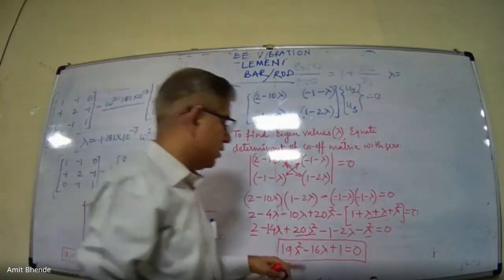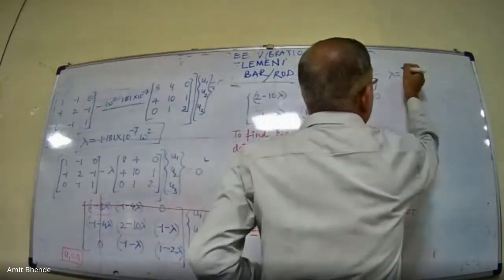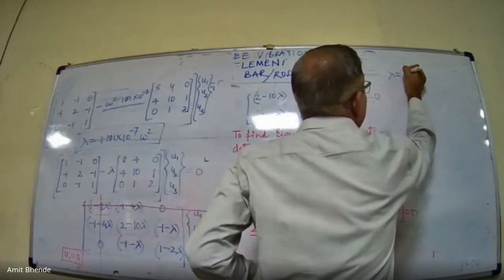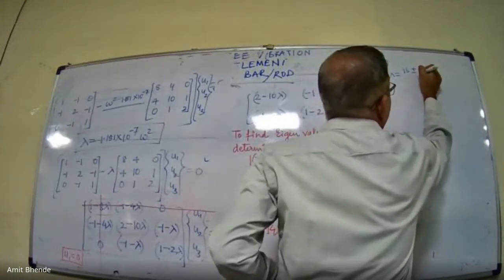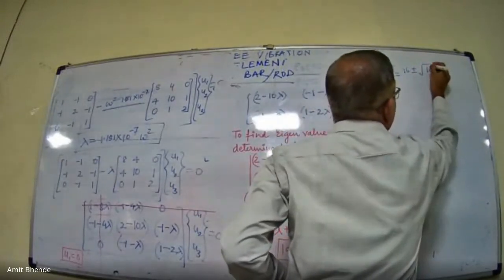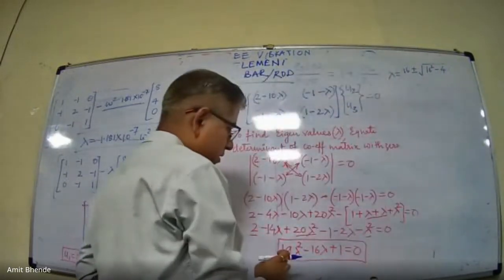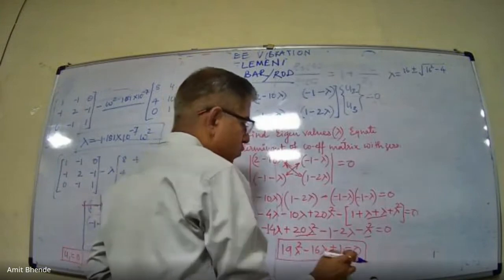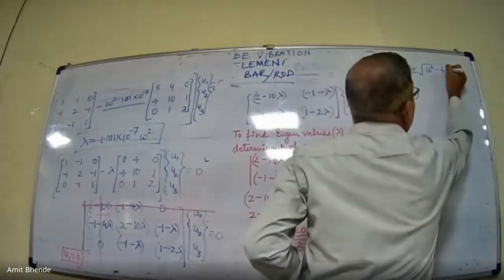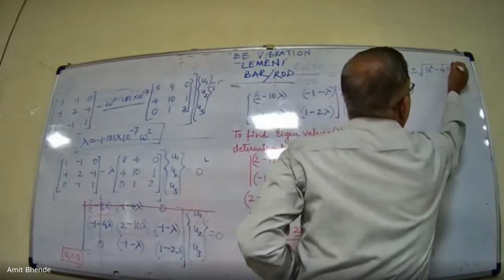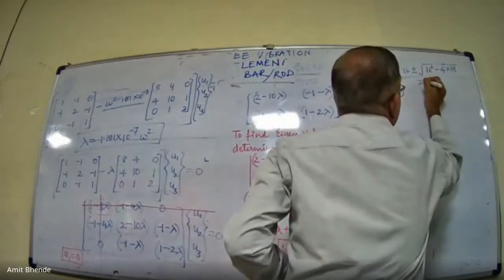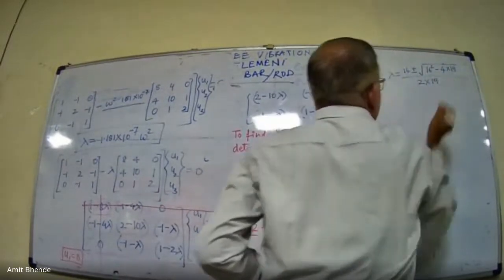Now we find the roots here. So minus b will be 16 plus minus under root 16 square minus 4ac. Here a is 19 and c is 1, so 4 into 19, divided by twice a, so 2 into 19.